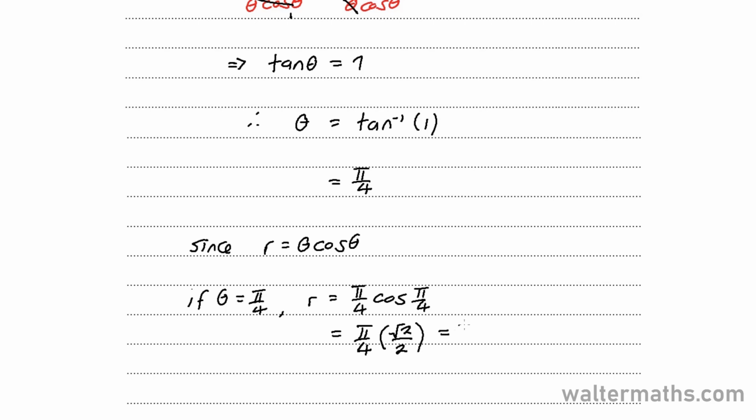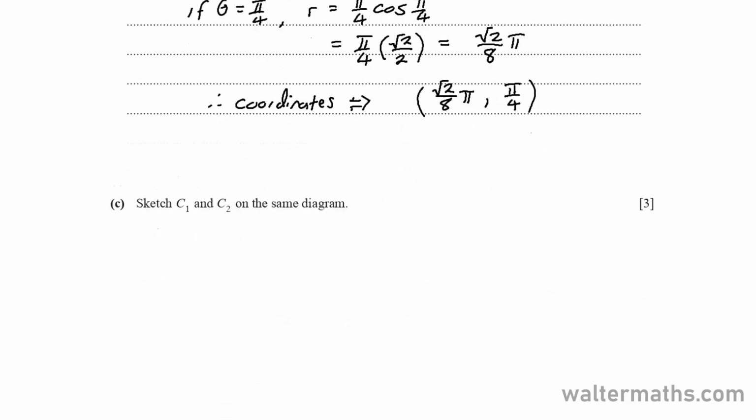So we get the value of r as root 2 over 8 pi. So the coordinates of the point of intersection, written as polar coordinates, will come out as r, which is root 2 over 8 pi, and theta, which we got to be pi over 4. So these are the coordinates. Let's go on to the next part of the question.